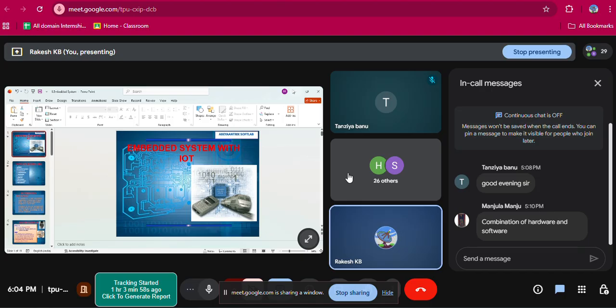Okay, next is soft real-time. These are the opposite of hard real-time. Just note down the topic, soft real-time systems. Inside that, this is the definition. Write in the definition.